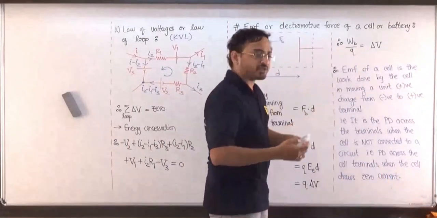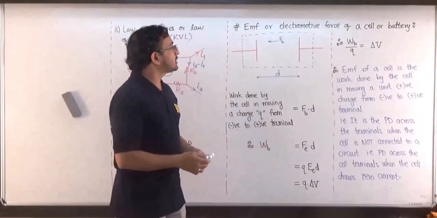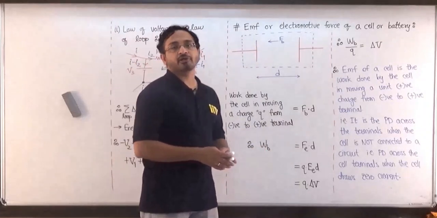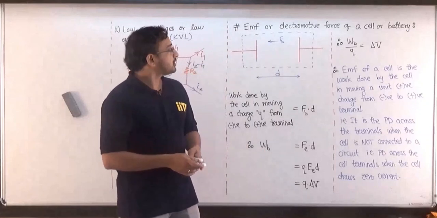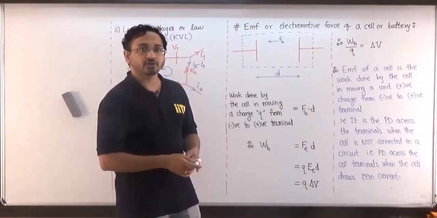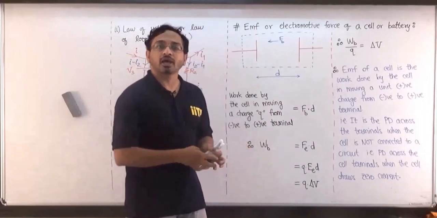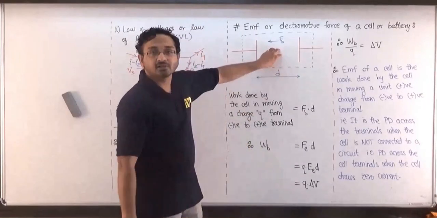Because of the nature of the chemicals involved and the chemical reactions, there is a separation of positive and negative charges that starts. This separation of charge is arising out of the chemical reactions taking place inside this cell.